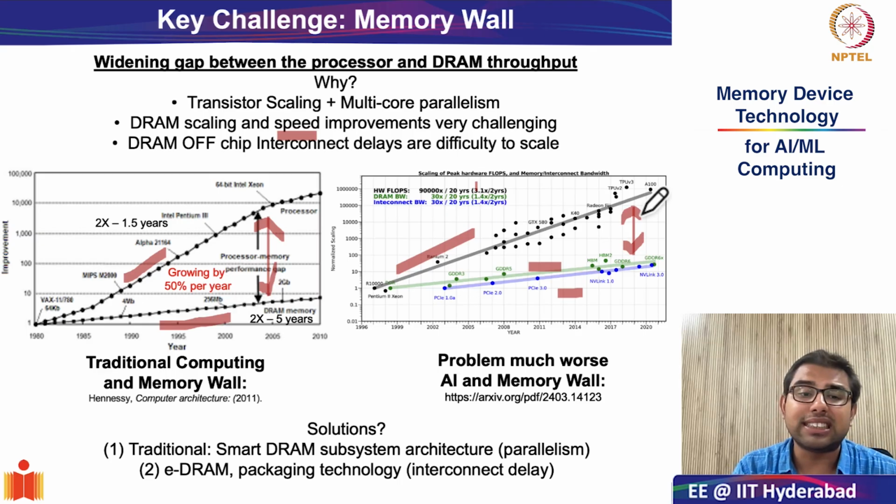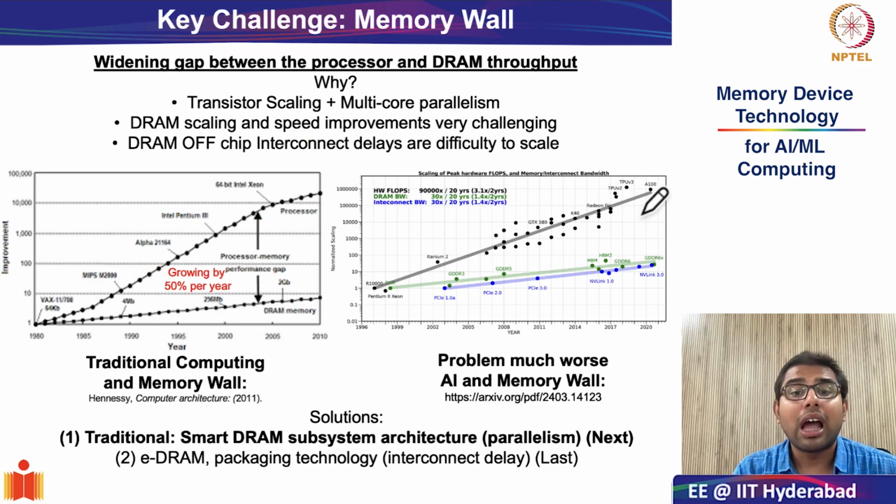The philosophy is very simple. In embedded DRAM, you try to have DRAM as an on-chip element, and in packaging technology, you use heterogeneous integration such that you can integrate the DRAM die in the same package as the processor subsystem.